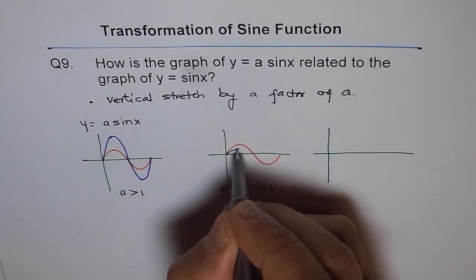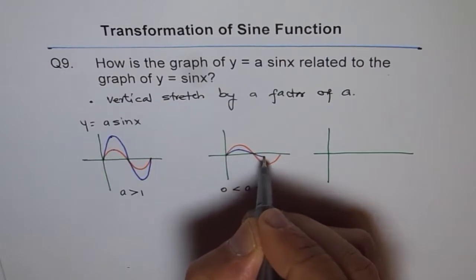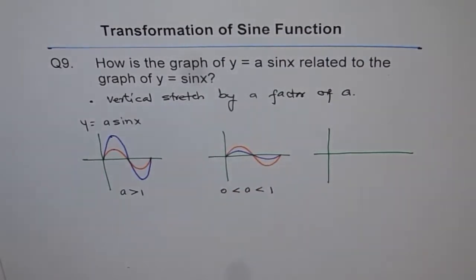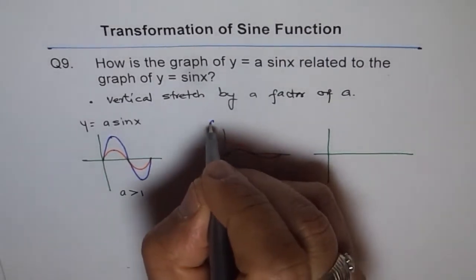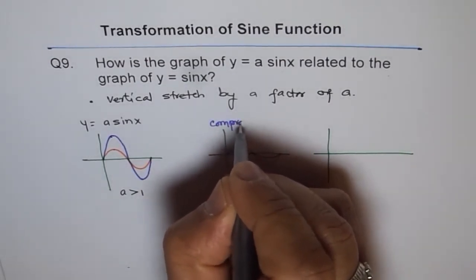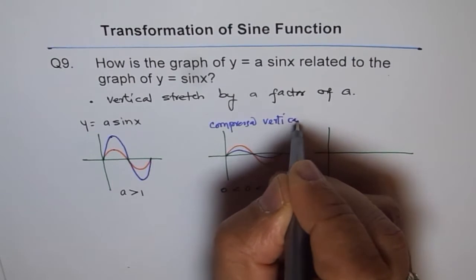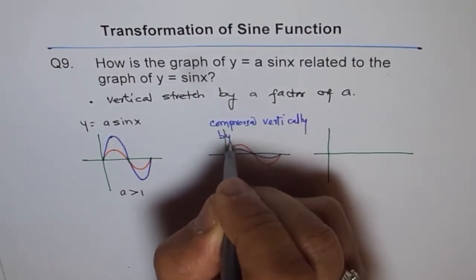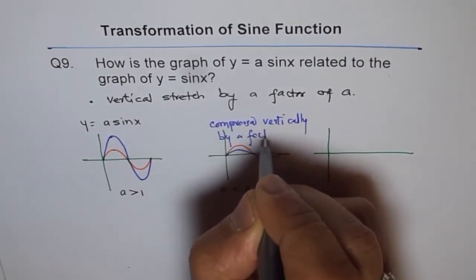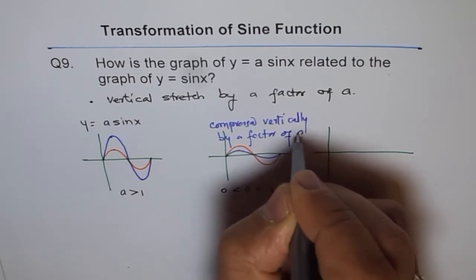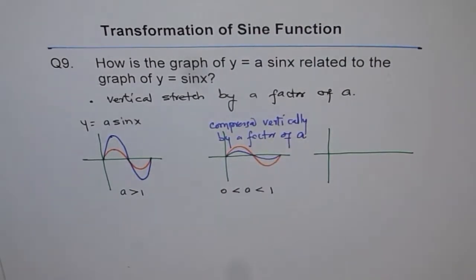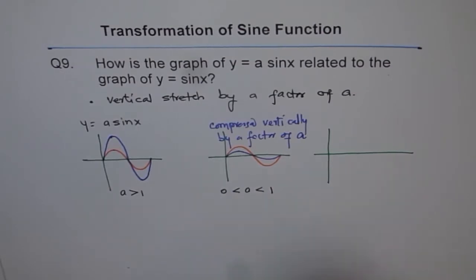So our wave will be kind of like this. Do you see that? So it gets effectively compressed vertically by a factor of a, right? So you still multiply it by a, but since a is less than 1, it gets compressed. So that is the effect of this a when a is between 0 and 1.